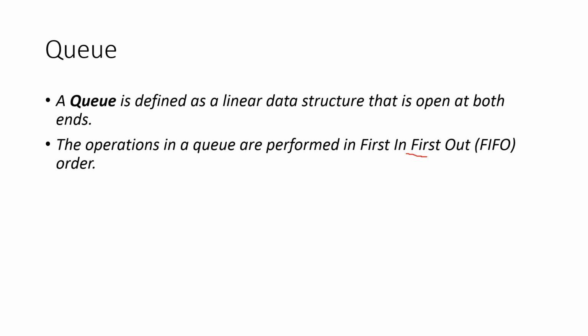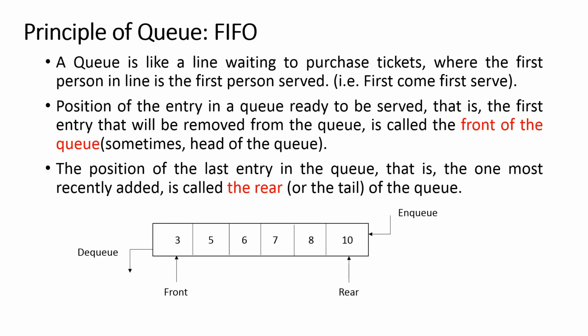So who is first entering into the queue? He is the first person who is exiting, right? So that is why it is performing in the principle first in, first out. This is the principle of queue, FIFO.